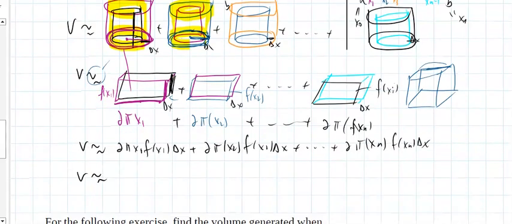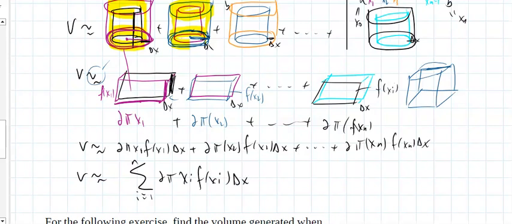And I could say this is the series i equals 1 to n of 2 pi x sub i f of x sub i delta x, and you know the drill.